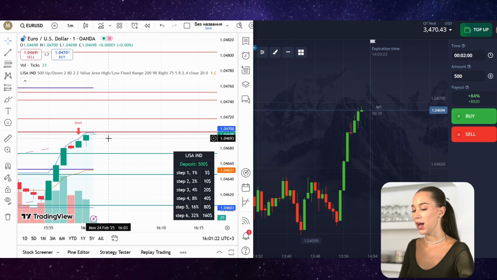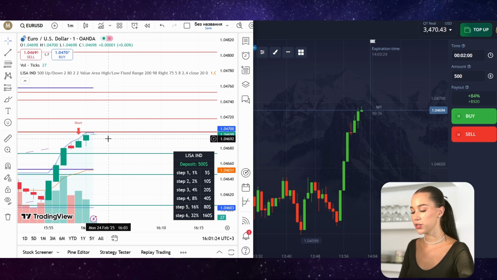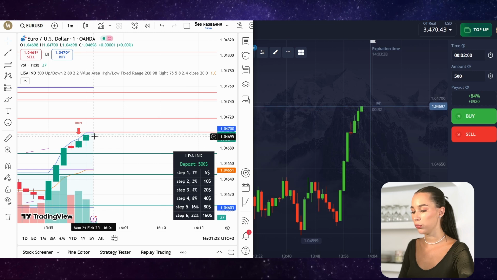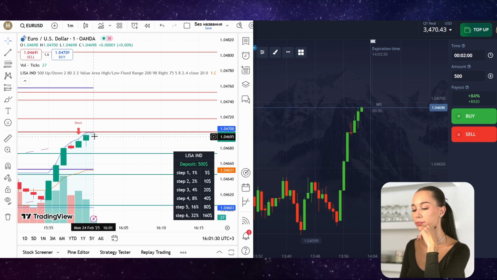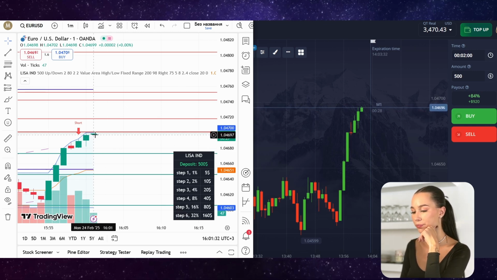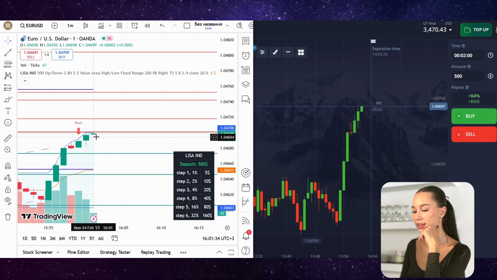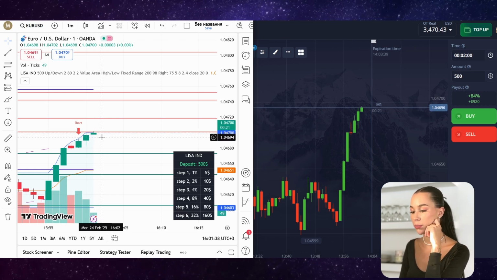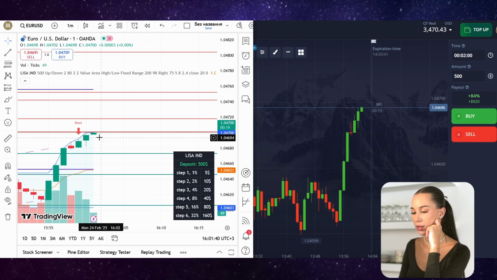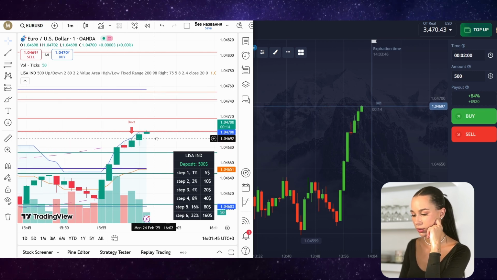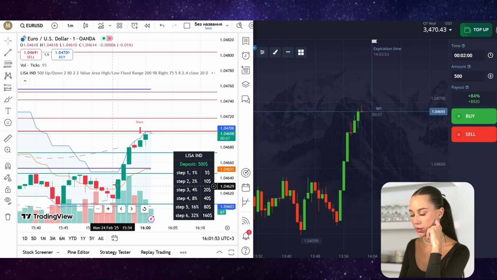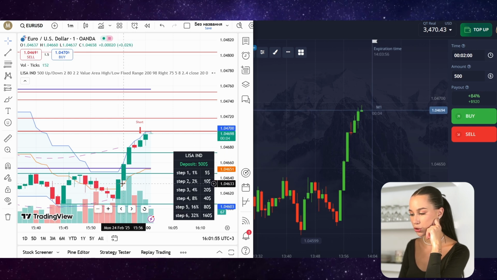And now I'm waiting to see if the last candle will cross this red line, which means it's actually a place of a lot of manipulation going on in the market, as you remember. And I think we will wait for the signal from the indicator, as before, for short.